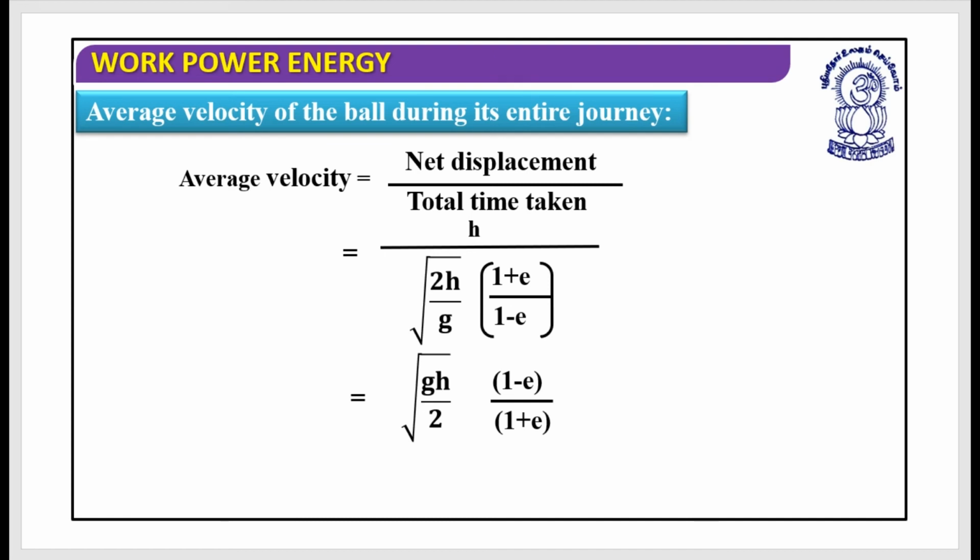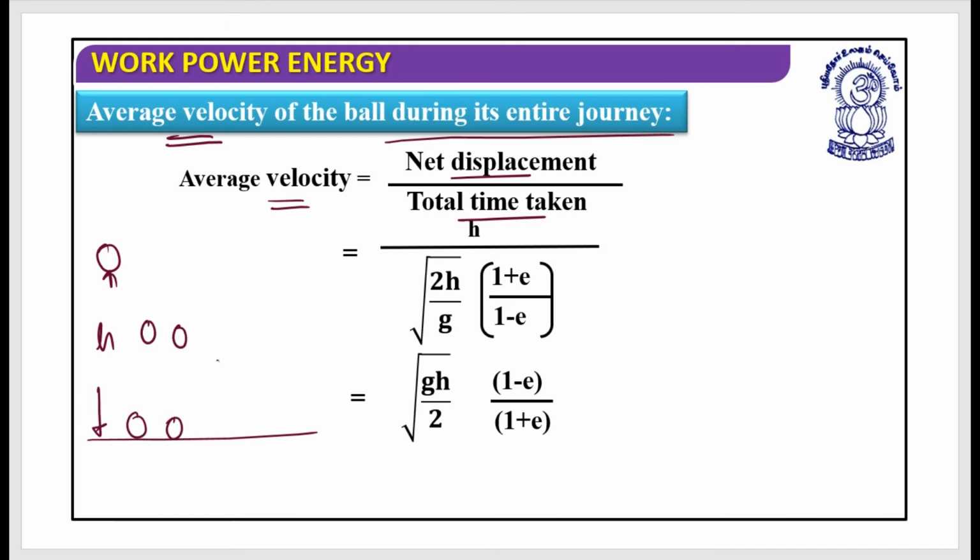And if they ask average velocity of the ball during its entire journey, the average velocity is equal to net displacement divided by total time taken. The net displacement is h only, because initially it has been dropped from here, and after so many rebounds, first, second, third, and so on to infinity, it will end its journey over here.